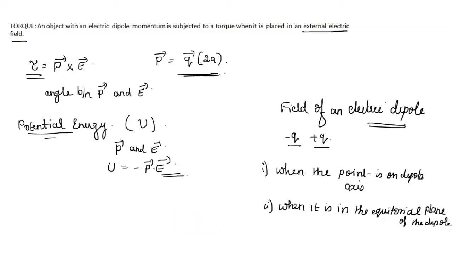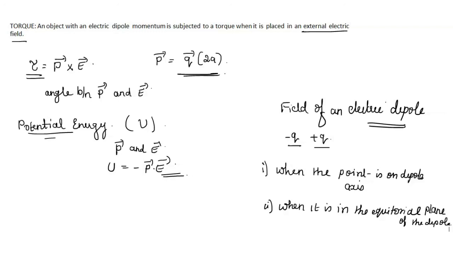So now we have a clear idea about what an electric dipole is, its physical significance, the force and torque acting on the electric dipole, and the potential energy of the electric dipole. Before going ahead with the derivation of electric field intensity on the axial line of the dipole as well as the equatorial plane of the dipole, we need to know these points.